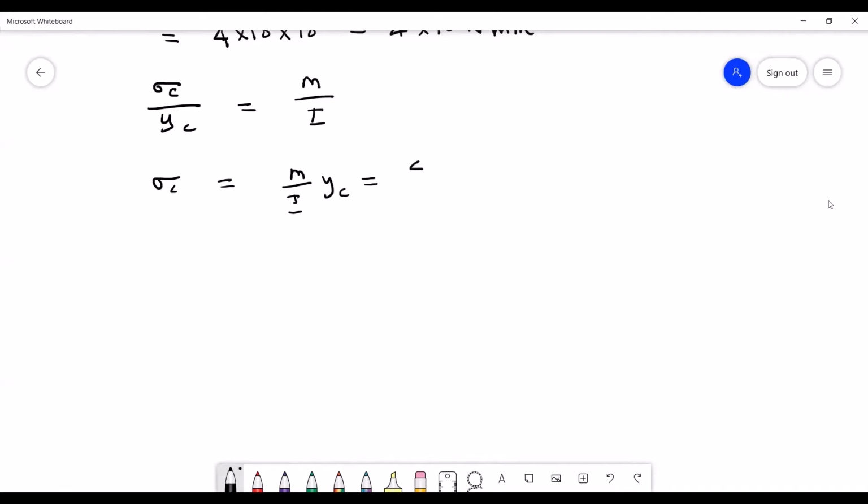M we know, 4 into 10 raised to 6, and our YC is 86, divided by 347.4666 into 10 raised to 4, which is our I. So we are going to get this as 99 Newton per millimeter square.